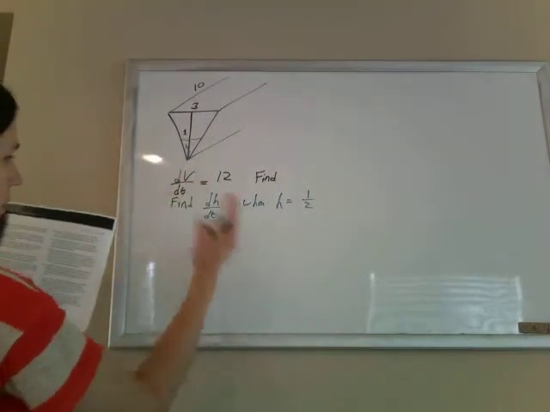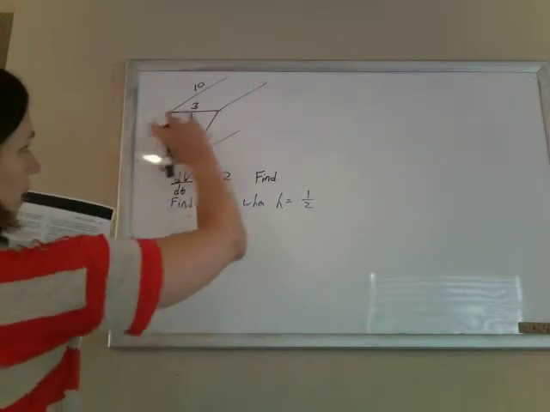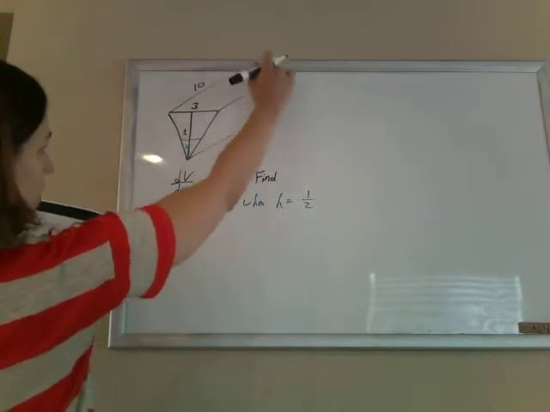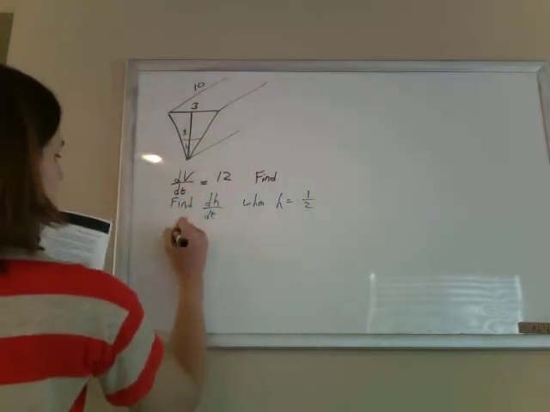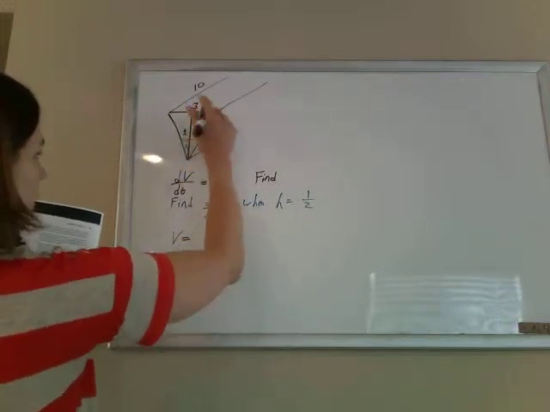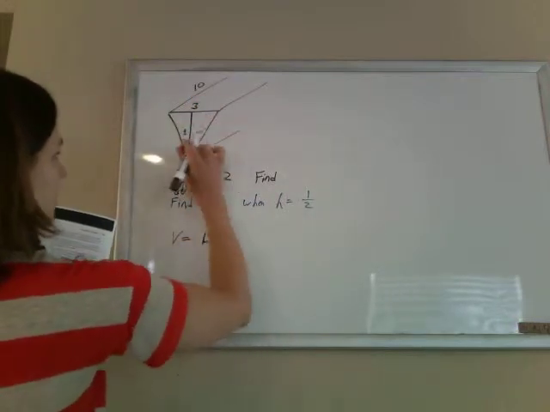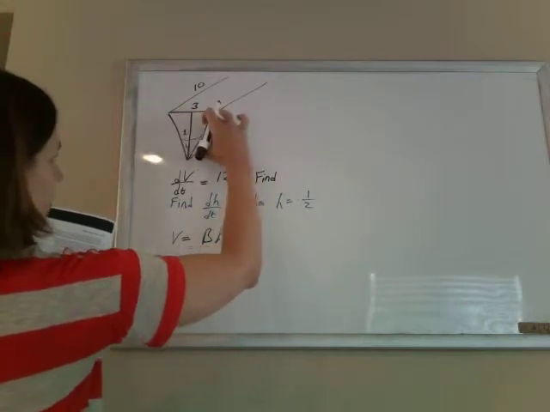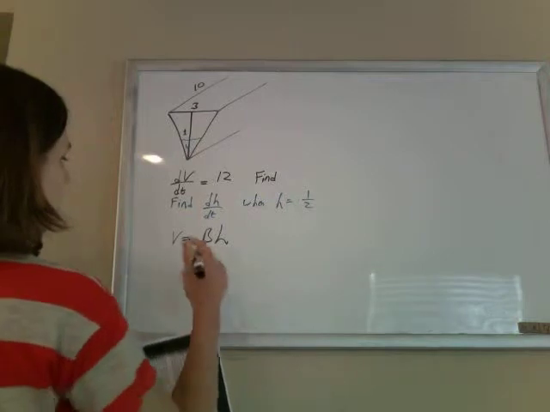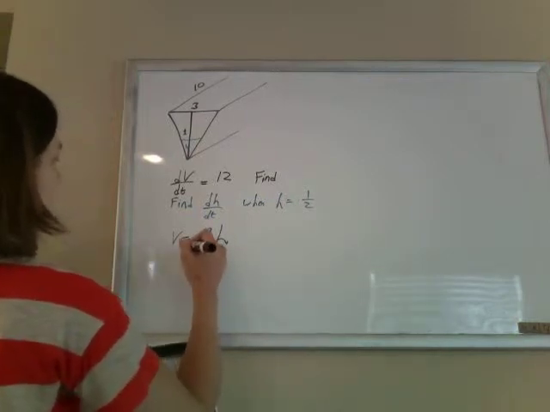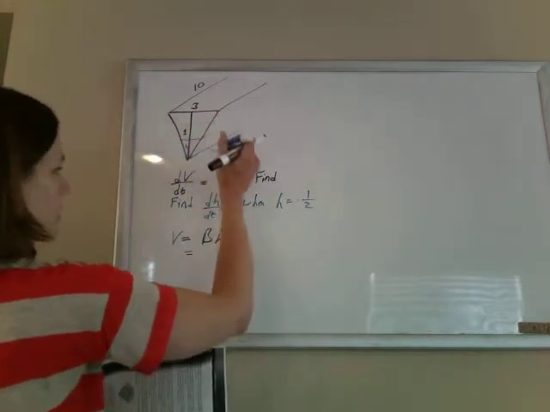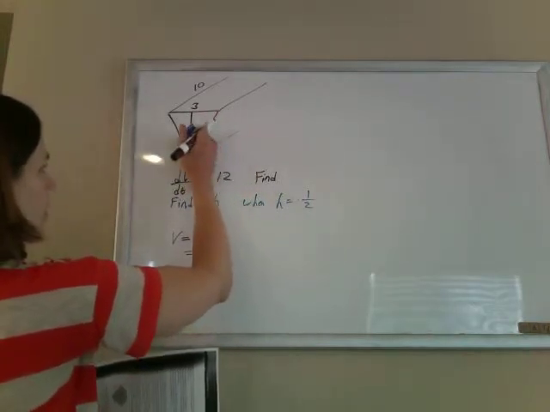They tell me about volume, so I need the volume of this trough. Now this trough is a triangular prism. So the volume is the area of the base times the height. I want the volume of the water, right?